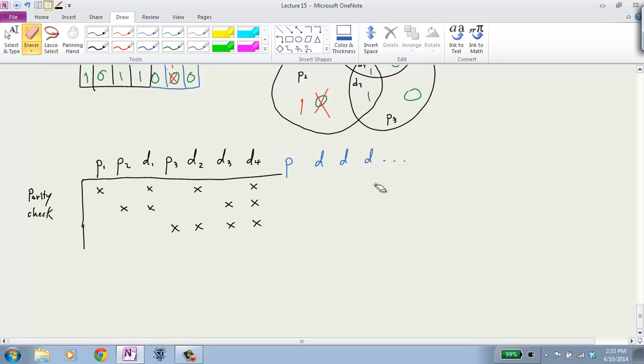Check there, there, so forth. Okay. And you're going to have another row here for this guy, and it's going to be like this.